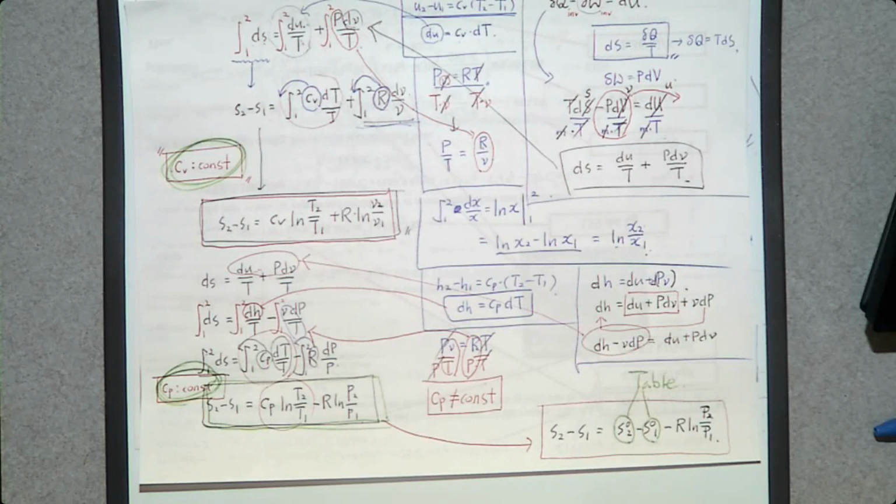If the constant specific heat assumption is not valid, then you can use this equation, and S degree can be found from a table. Then which table? If it is air, you can use Table A-20, but we have a problem later, so we will see what table we can use.